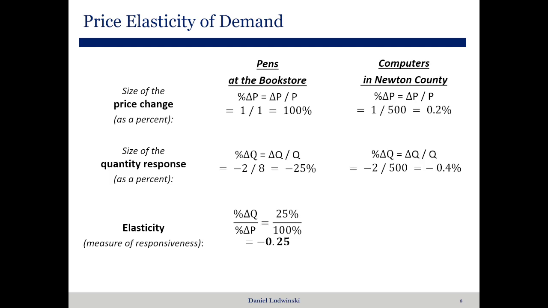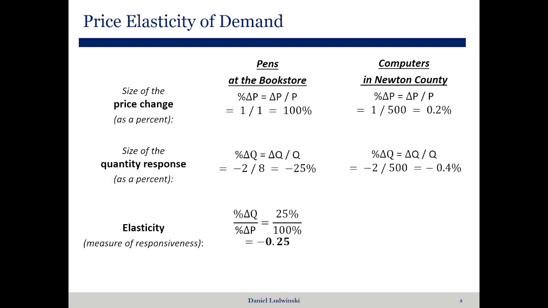In this case, for pens, the percentage change in quantity is 25%, and the percentage change in price is 100%. And so the price elasticity of demand for pens is negative 0.25.